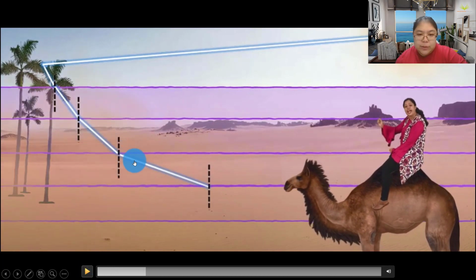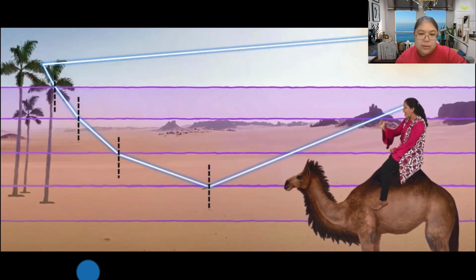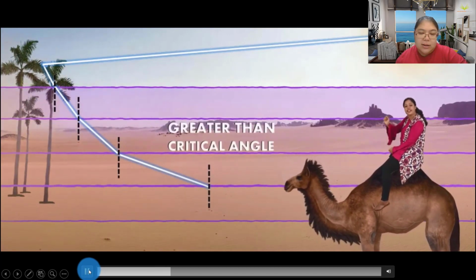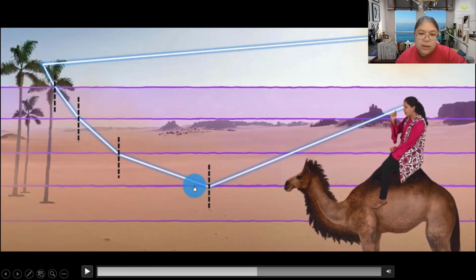So this part is still refracted, until this angle, where there is already total internal reflection. Then it goes exactly to the observer's eyes.